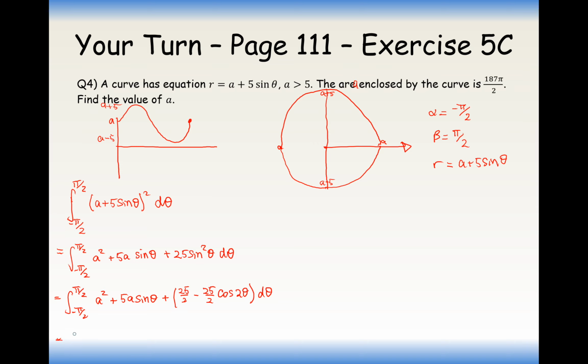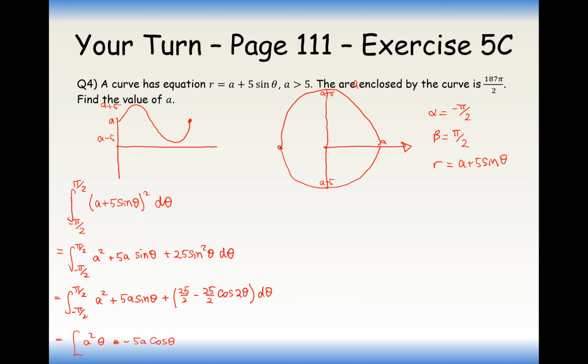Okay, the next thing to do now is to integrate both of these sections. So it's going to be a squared theta, plus the integral of sine is minus cos, so it would be minus 5a cos theta.